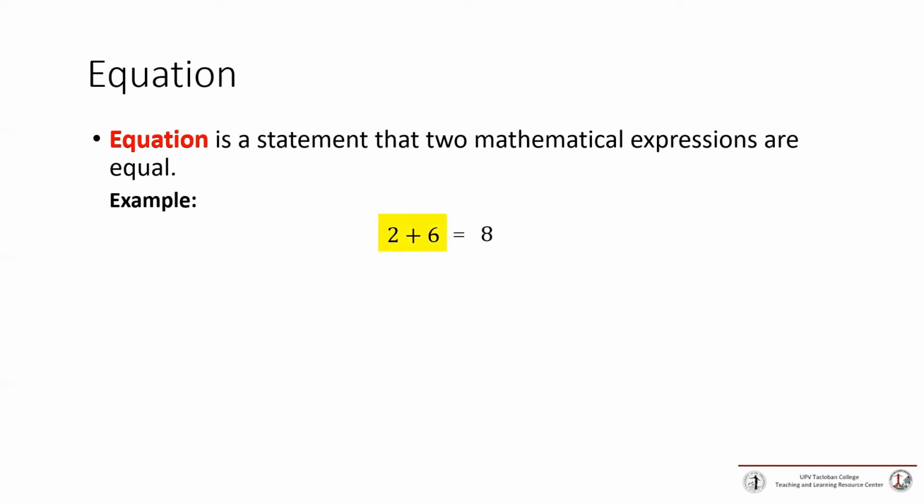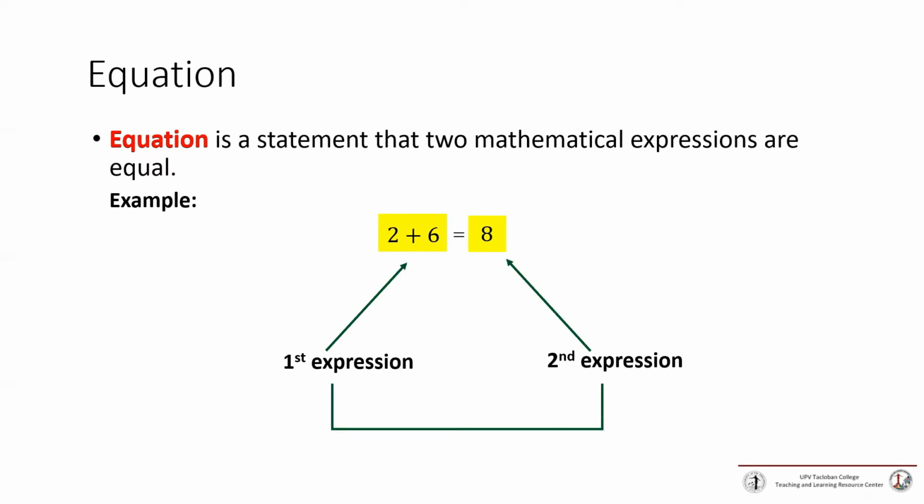Now 2 plus 6 is the first expression of this equation, while 8 is the second expression. In this example, we have two expressions or two quantities that are equal. So this is an example of an equation.